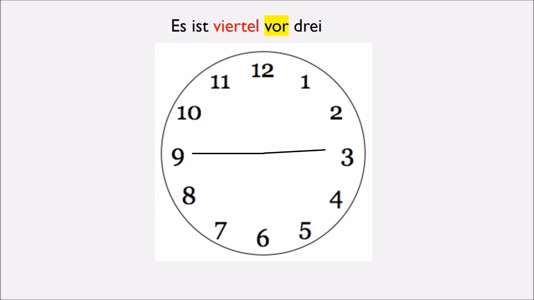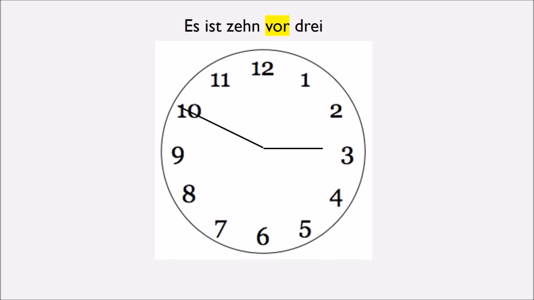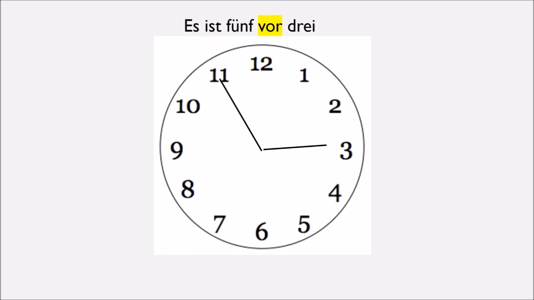Yep, viertel vor drei. Quarter to 3. 10 to 3 therefore would be 10 vor drei. And 5 to 3, you're absolutely right, 5 vor drei.